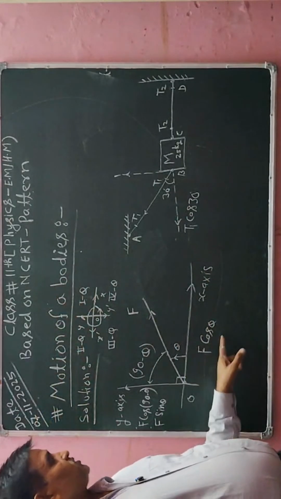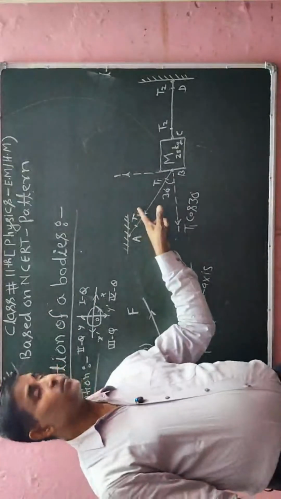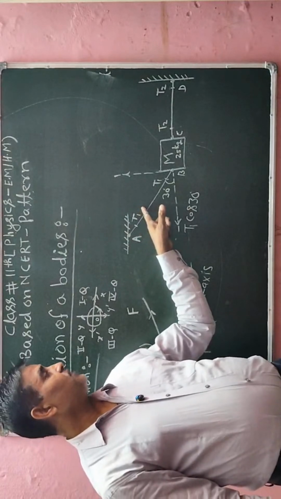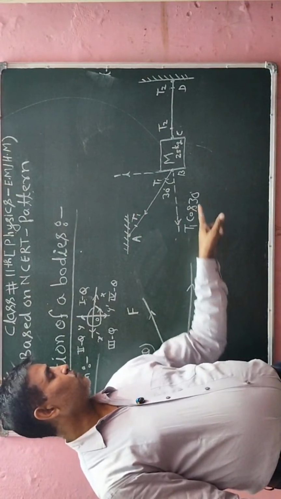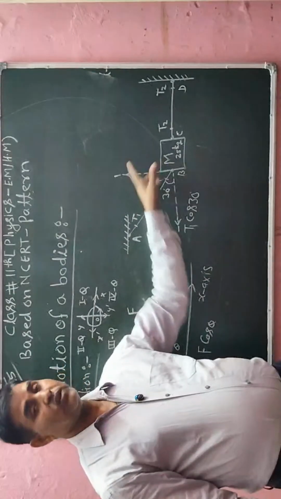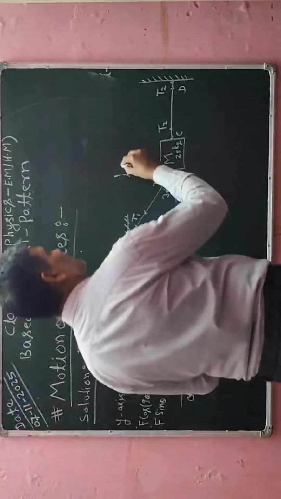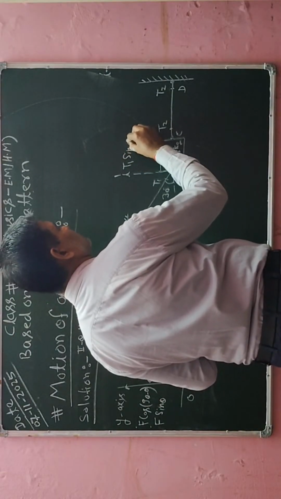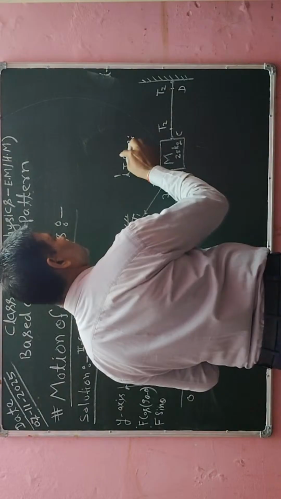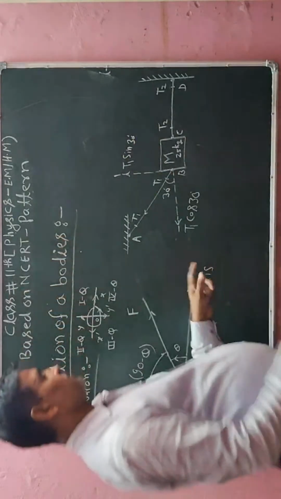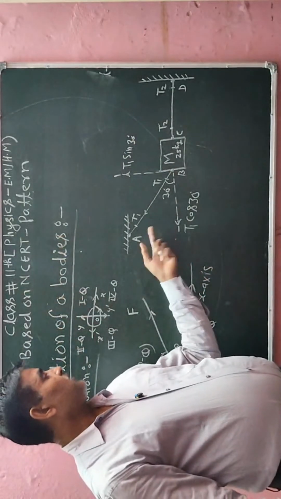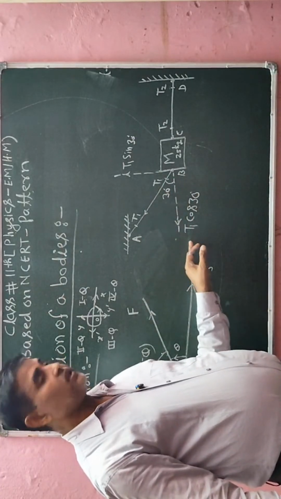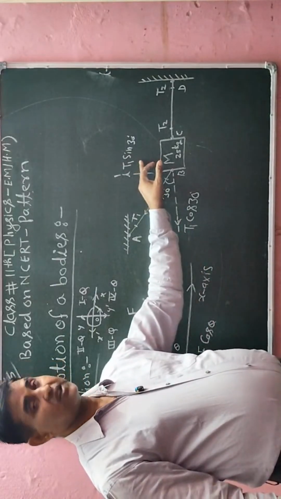So F cos theta, and in the place of F I have T1, given in the question. So T1 cos 30 degree, and this will be T1 sin 30 degree according to the given information. So here I have resolved the vector BA along the horizontal axis and along the vertical axis.